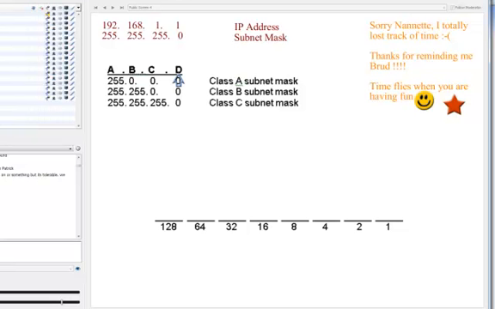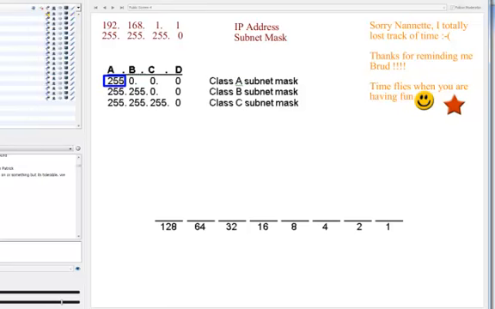And what happens is this subnet mask helps you determine what the network is. So for a class A, the network is represented by the first component only. So if I draw a little box about that, that's what the 255 means.